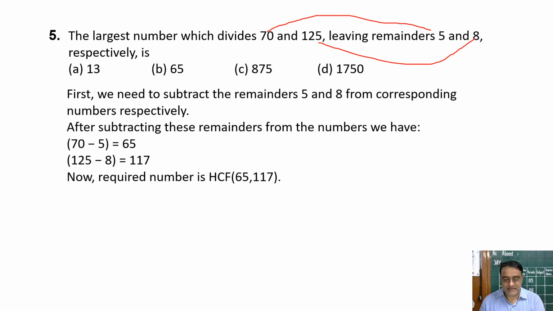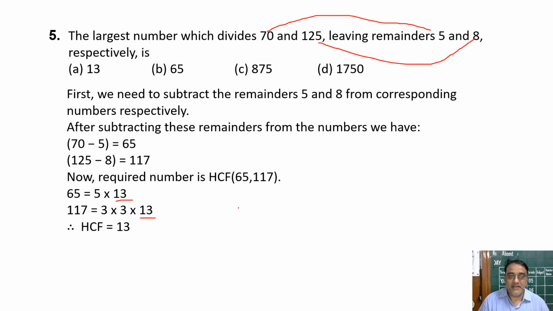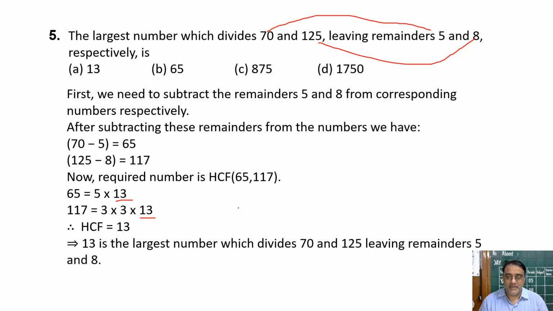Prime factors of 65: 5 into 13. 117 is 9 into 13, so 3 into 3 into 13. So only one common factor is there, that is 13. So HCF is equal to 13. And 13 is the largest number which divides 70 and 125, leaving remainders 5 and 8 respectively. So which is the correct option? Option A. Option A, right.